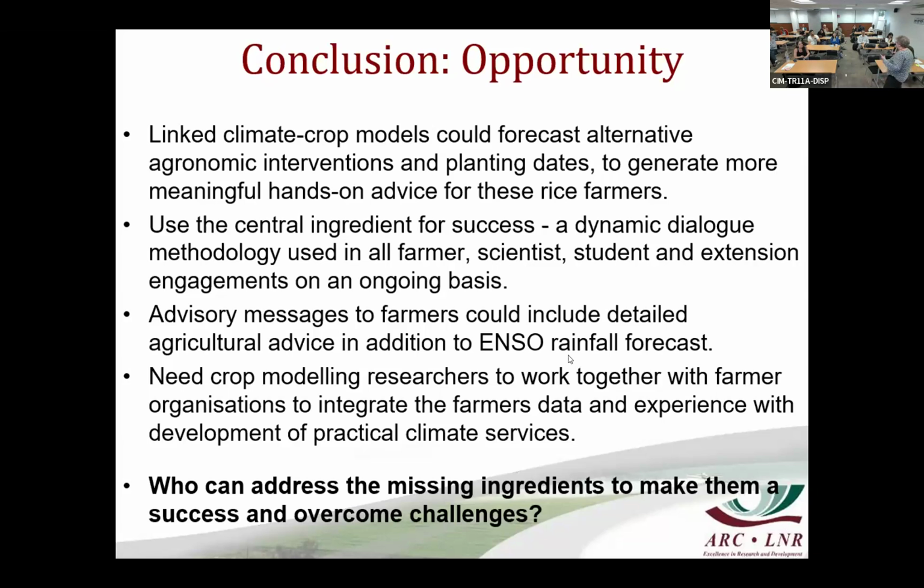And so you just see that their mindset has changed. So I believe that we need to have some crop modeling researchers that will really work together with these farmers, together with the anthropologists, and be able to use the rice model particularly to give them some advice on what to do. Thank you.